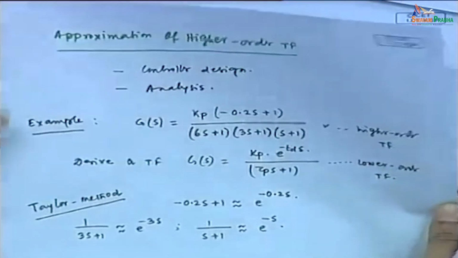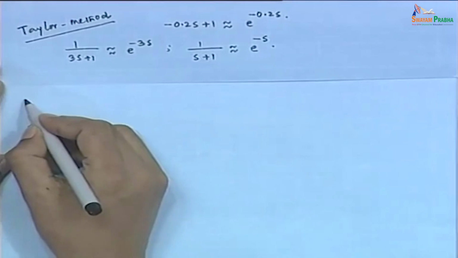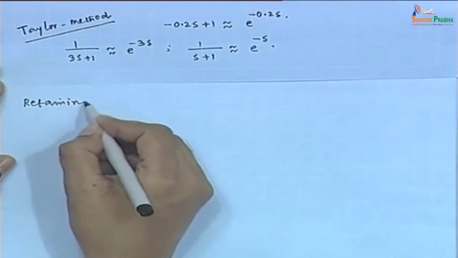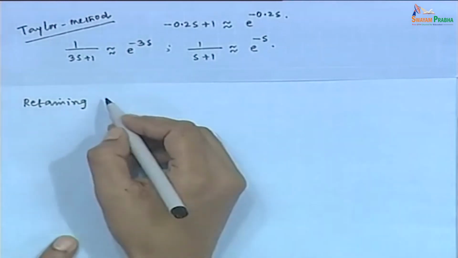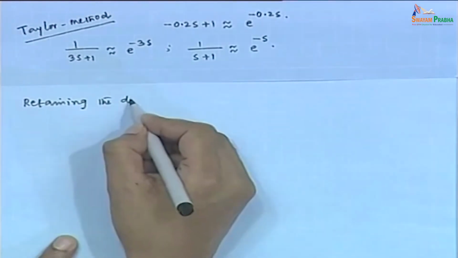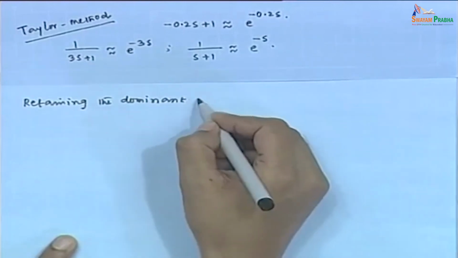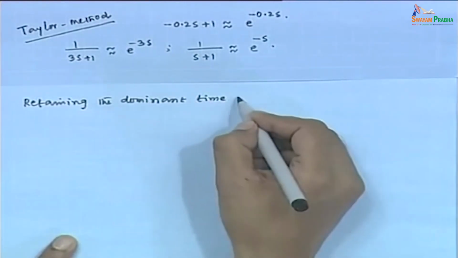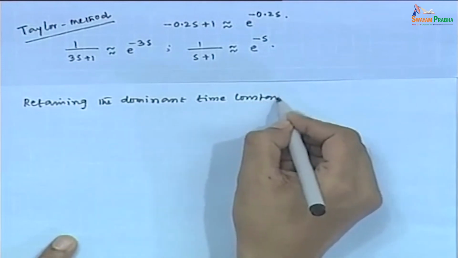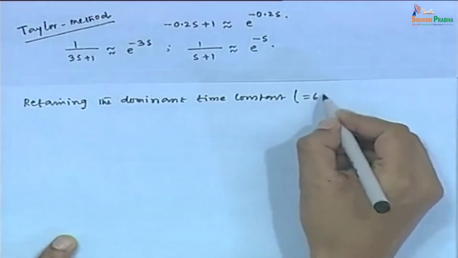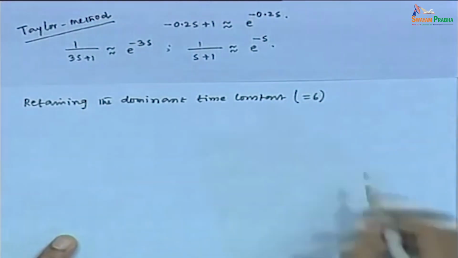Now, retaining the dominant time constant, what is that? That is equal to 6.